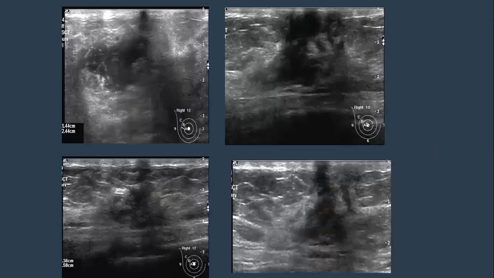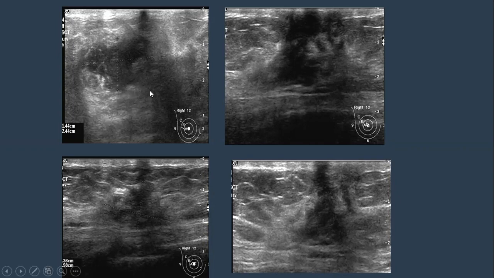Okay, this is ultrasound. See, look, see the mass. The ultrasound shows a mass with irregular margins with posterior shadowing. A complex mass. Posterior shadowing or enhancement? Posterior enhancement.